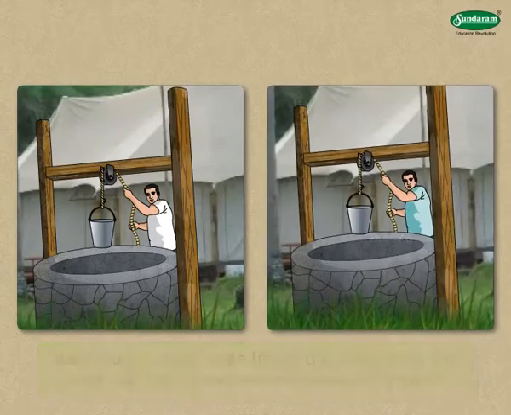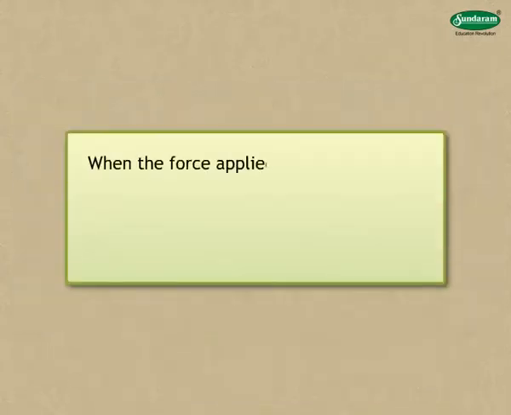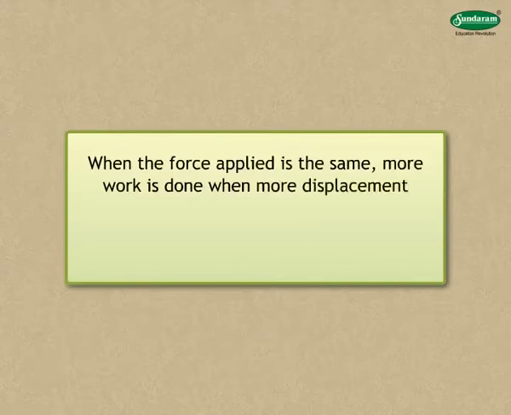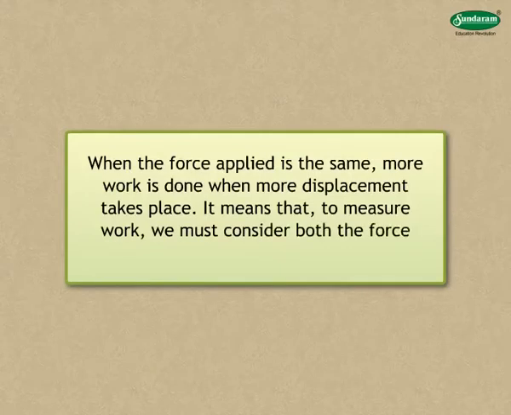Here, the force used is the same in both cases, but the displacement is different. When the force applied is the same, more work is done when more displacement takes place. It means that to measure work, we must consider both the force applied as well as the displacement.